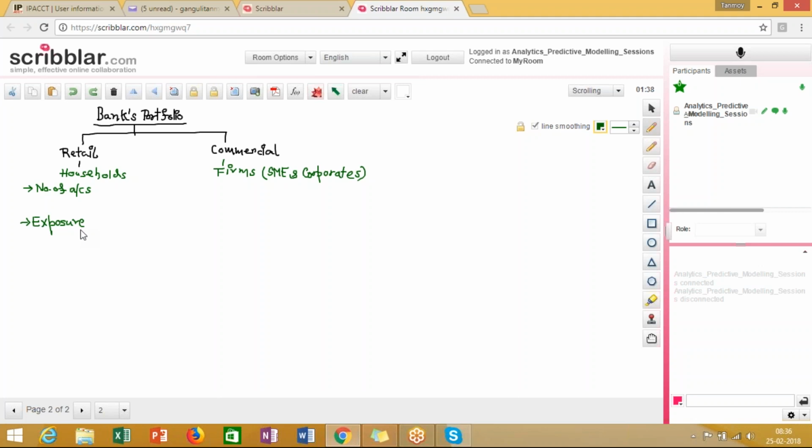So let's stop here today, and tomorrow we'll start talking about the different credit products and how they work, and what the sources of riskiness of these products are.